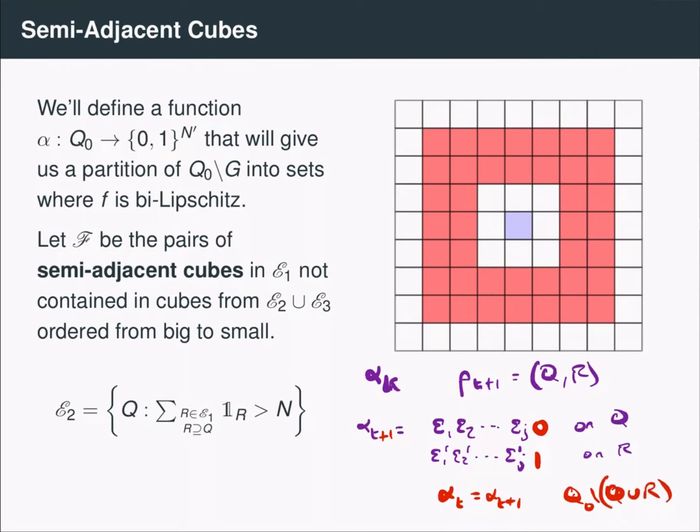Now that we pick these digits differently, that will ensure that the points in Q and the points in R have different words. They will have different strings, no matter what additional digits we add onto these sequences.